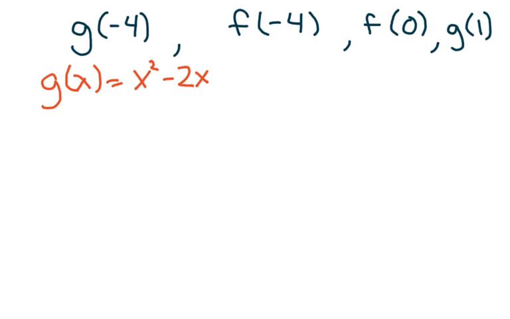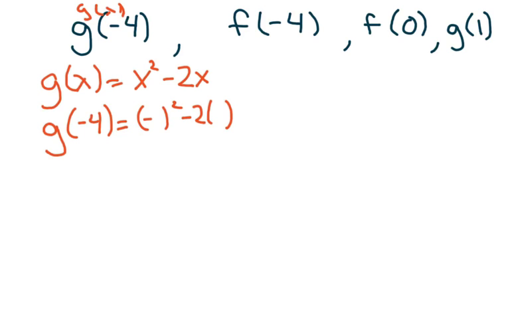And all I'm going to do is, everywhere there's an x, remember this is your g of x, my x happens to be negative 4. So I'm going to write g of negative 4 equals, and everywhere there's an x, I'm going to input negative 4. And I'm going to evaluate.